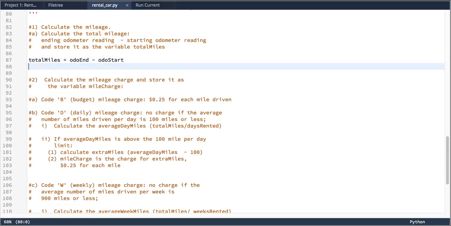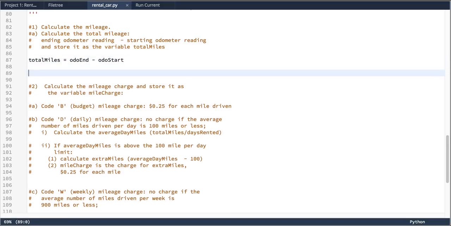So I'm going to say total charge right now is going to be 0 because it's just a helper variable.